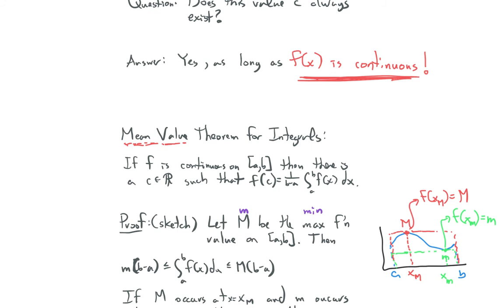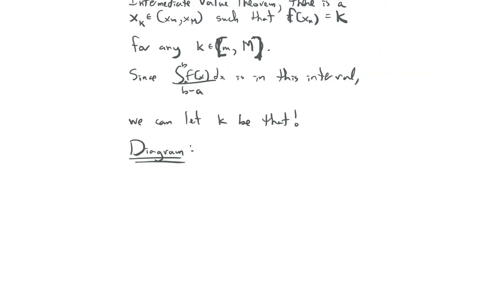So what is that? We know that there has to be some x sub k, and we're thinking this k is our mean value. So we're thinking of this as our c here. We want this to be c. But this will hold for any k that's between our minimum and maximum value.